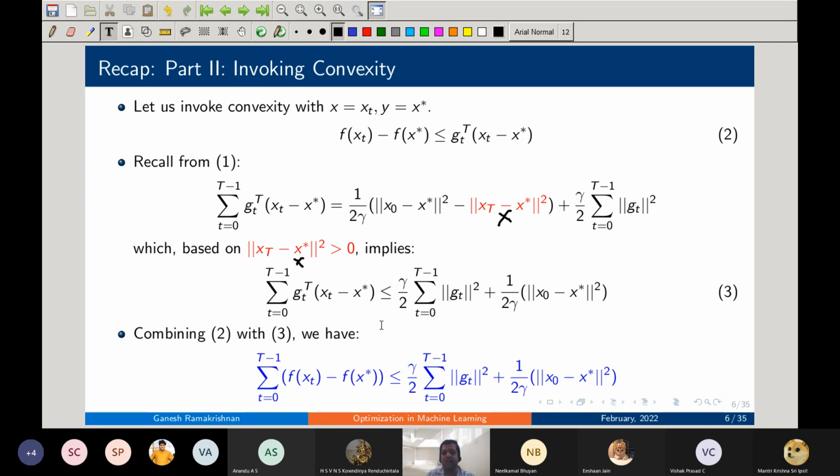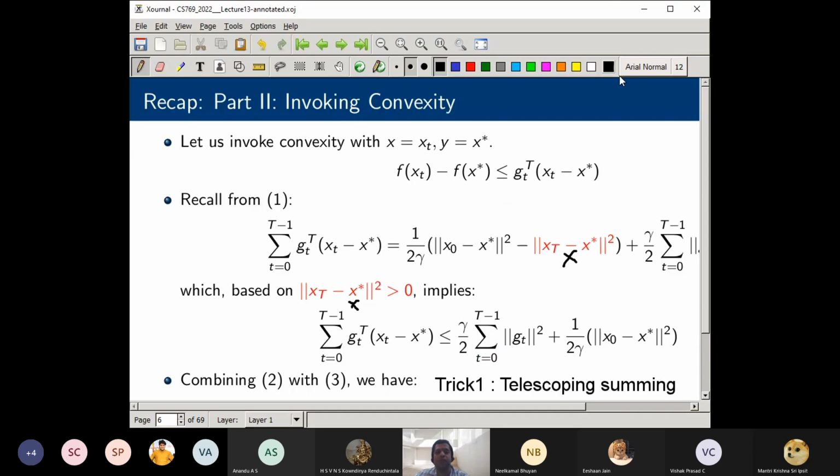I'm recapping these tricks because we'll have to reuse them when we come to other convergence proofs. So hopefully we'll see all tricks under one hood. What was the second trick we had?